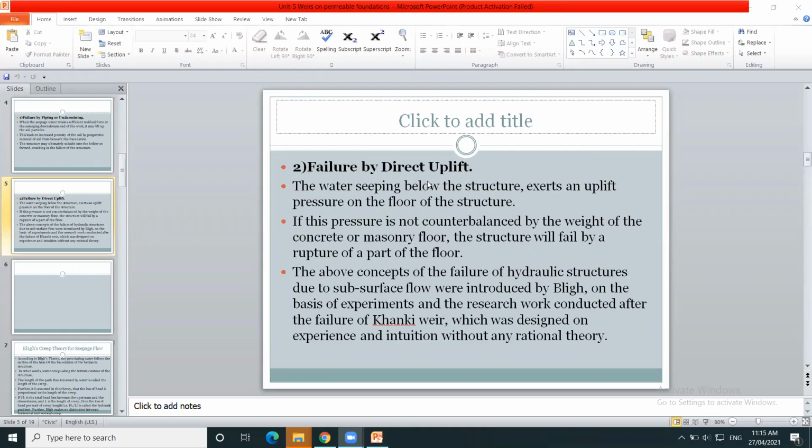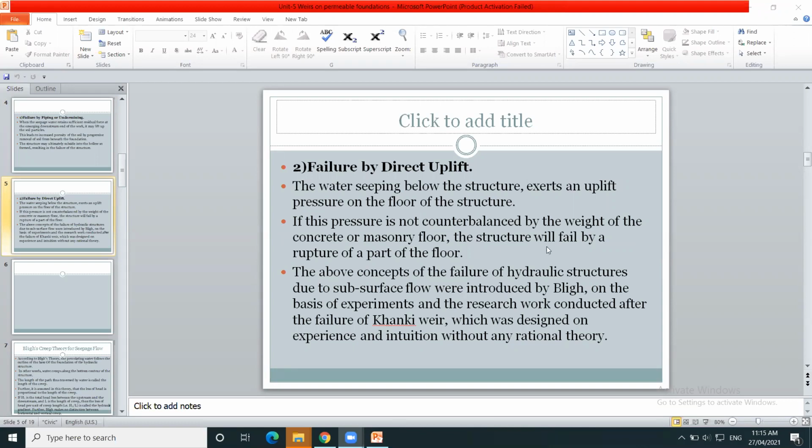Failure by direct uplift pressure. The water seeping below the structure exerts an uplift pressure on the floor of the structure. The uplift pressure is exerted below the dam structure. This pressure is not counterbalanced by the weight of the concrete or masonry floor.